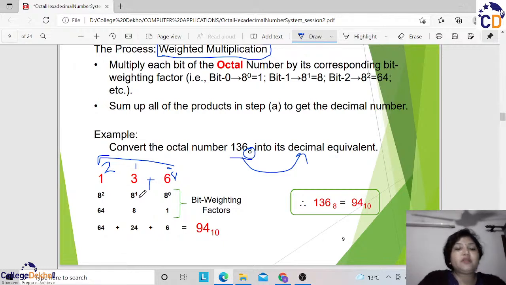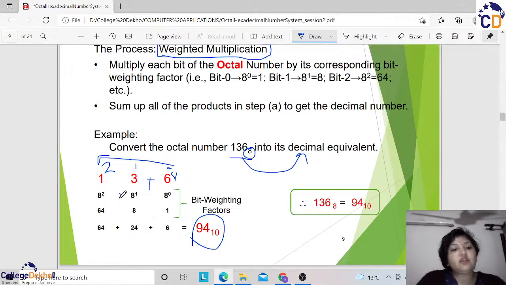You will be getting a decimal number. So these are the bit weighting factors, how you give the weight to each of the factors. Here it is not written, I have given the solution to it.